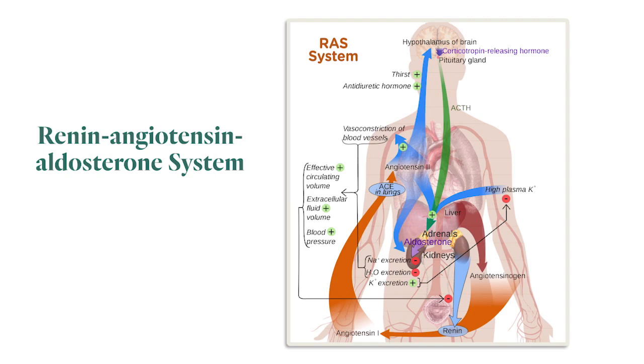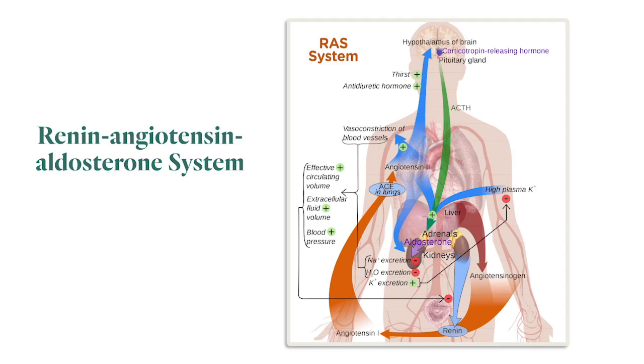Blood pressure loss due to bleeding or dehydration is detected in the carotid sinus, a blood vessel near the heart that is equipped with highly sensitive pressure receptors. In response, the kidney will now release the enzyme renin. Renin acts by cleaving a protein called angiotensinogen into its active form, called angiotensin 1.